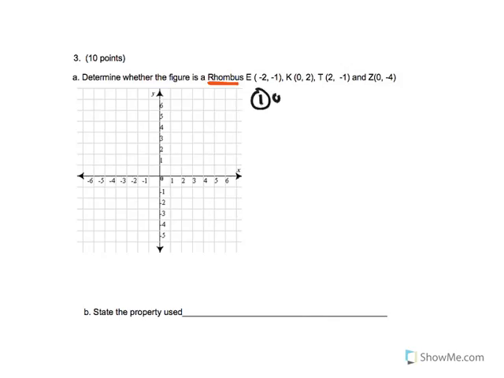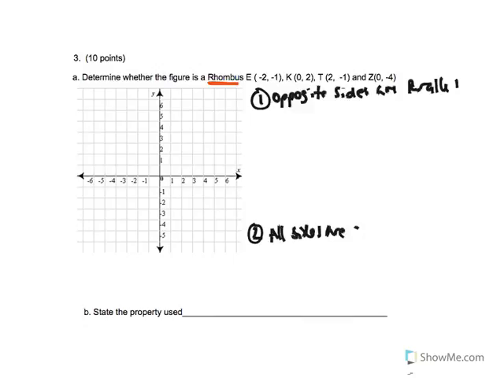So first I prove that opposite sides are parallel. And then the second thing I need to prove is that all sides are congruent.